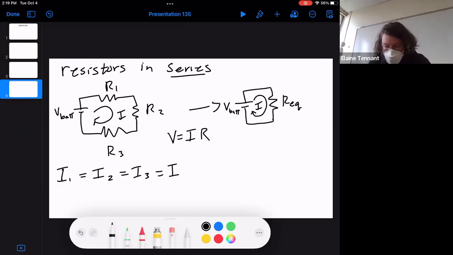So we can't say the voltage across the resistors is all the same. Is there anything we can say about the voltage across the resistors? The voltage of the battery.